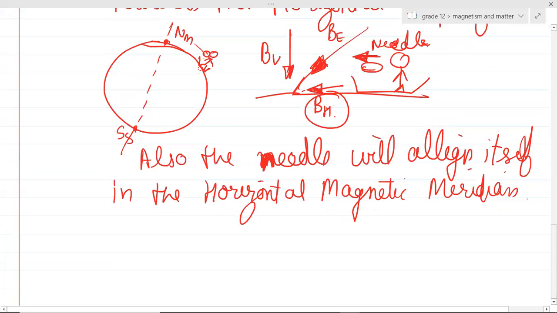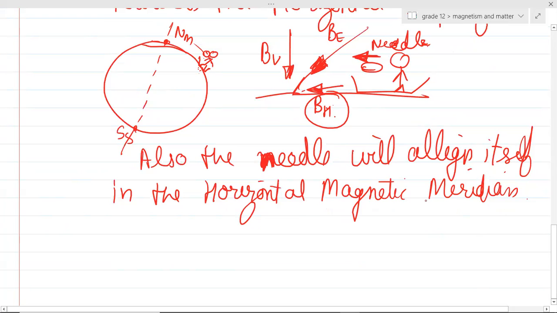Just like a line can be broken into two components, even a plane can be broken into two components. So the needle will align itself in the direction of the horizontal component of that magnetic meridian. But anyways, this is much simpler.